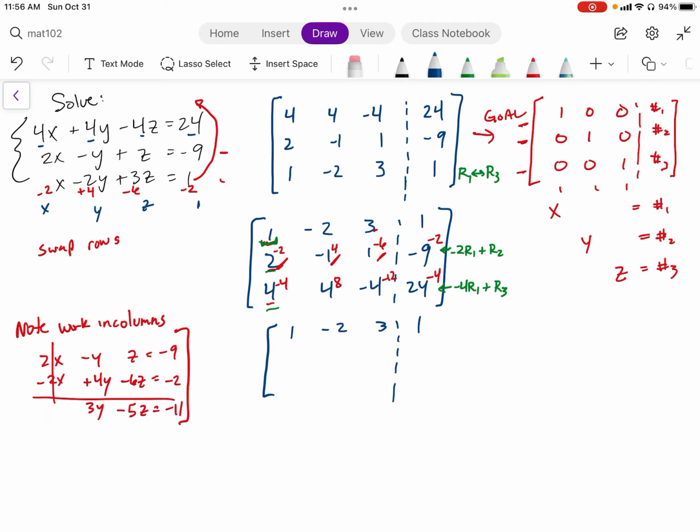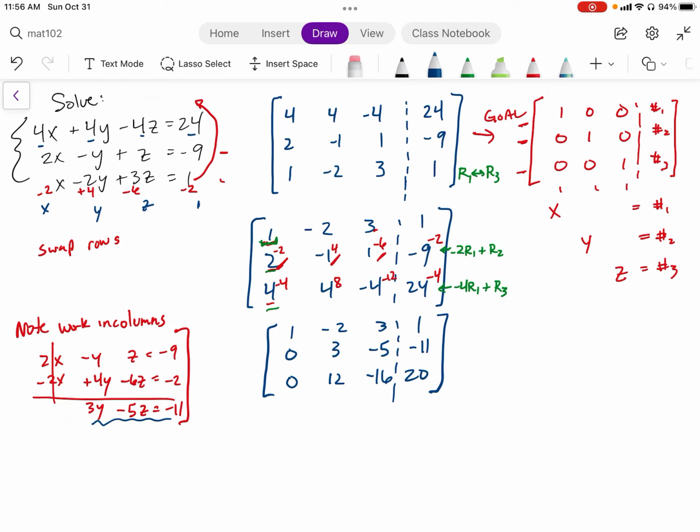So I have 2 minus 2, 0, -1 and 4 is 3, and 1 and -6, -5, -9, -2, -11, which is exactly what we got over here, so that's good. 0, 12, -16, 20. If you need to pause, rewind, that's a great thing about video and not a live lecture. You can do that.